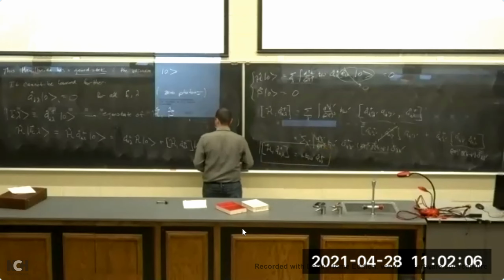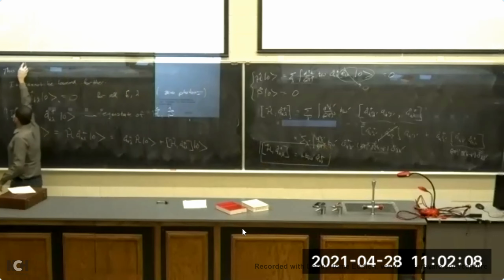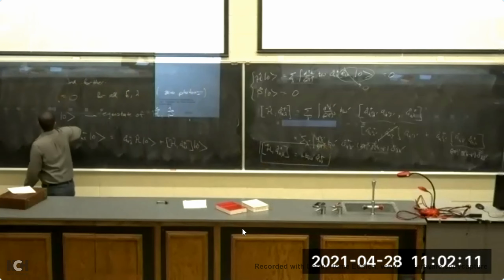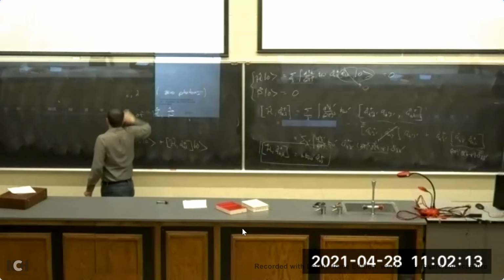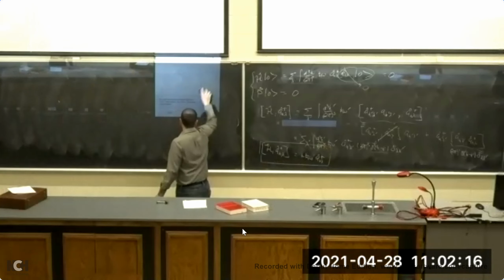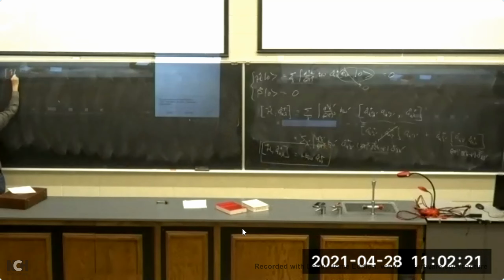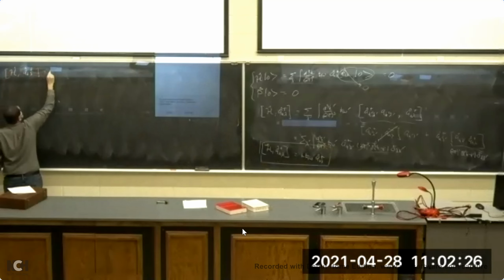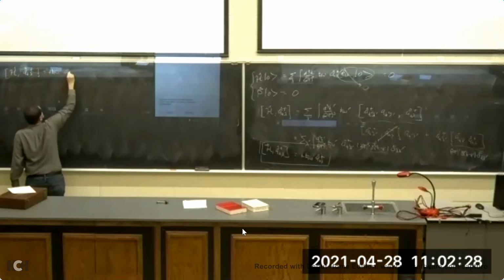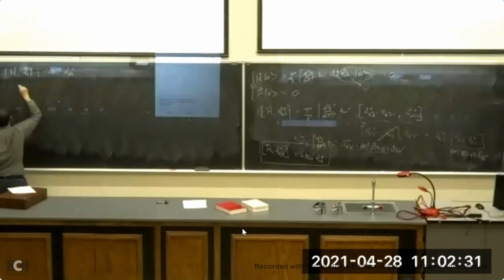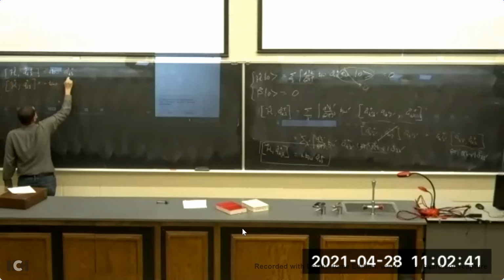So in the same way, we have the commutator of the Hamiltonian with A k lambda dagger is plus energy h bar omega A k lambda dagger. The commutator of the Hamiltonian with A k lambda, the annihilation operator, is minus h bar omega A k lambda.